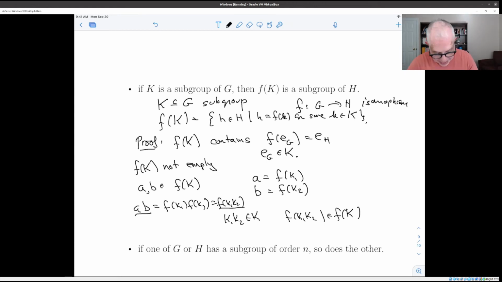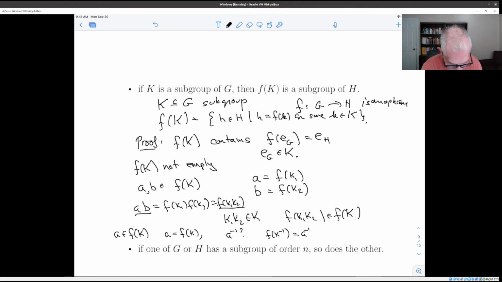And finally, we need to check that if a is in F of K, in other words, if a is equal to F of some k, then what about a inverse? I claim that F of k inverse is equal to a inverse. And why is that true? Let's check.